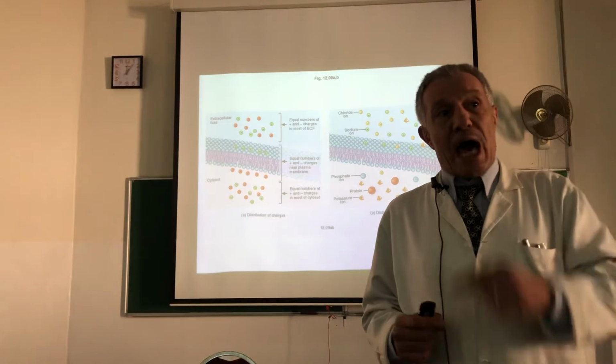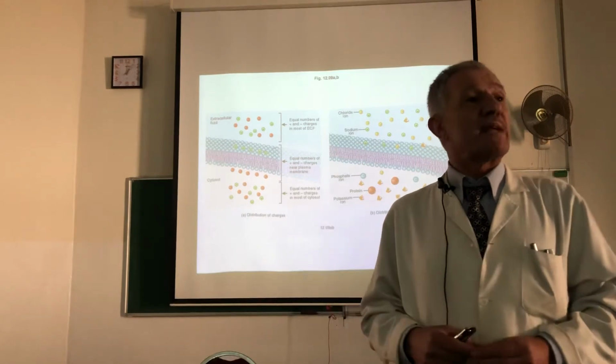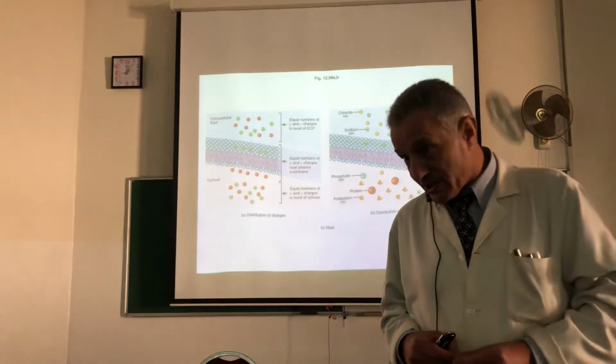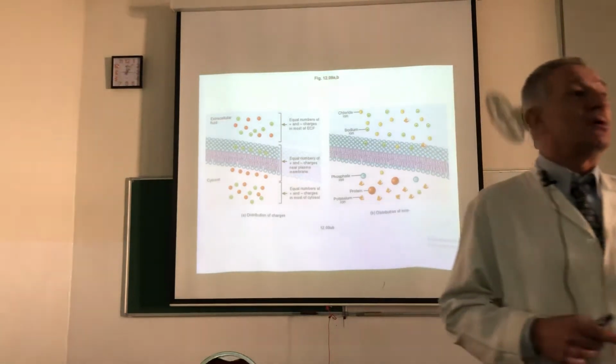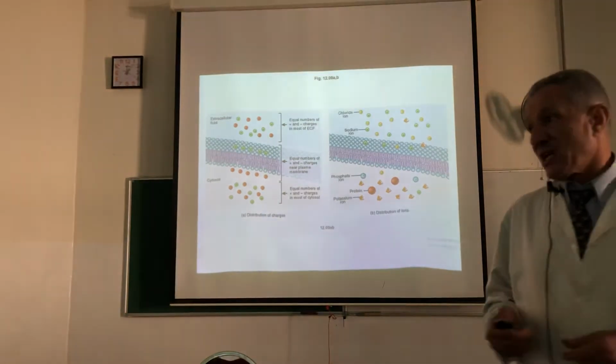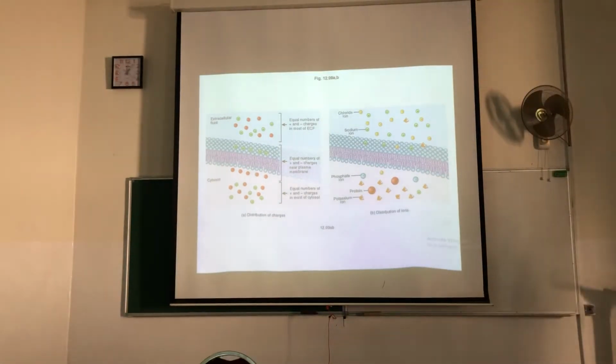Now, another property of the membranes of excitable cells is that they can generate what we call action potentials. I think you know from last year how we generate an action potential at the level of the excitable cell.